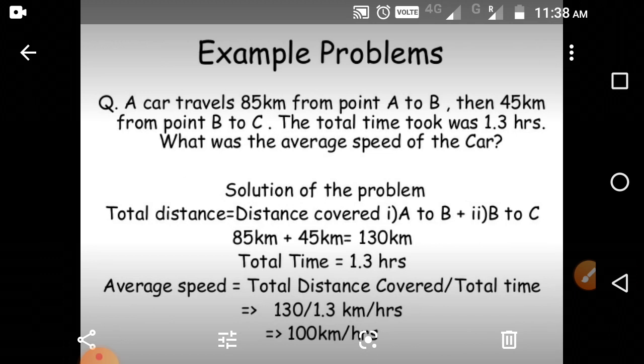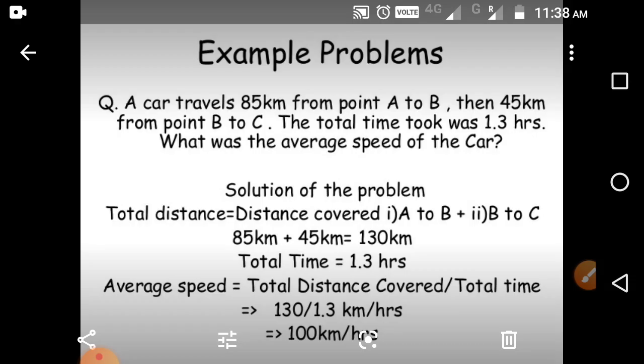What do you mean by 1 kilometer? How many meters are there in 1 kilometer? 100 meters? No, 1000 meters are there in 1 kilometer. And how many seconds are there in 1 hour? 3600 seconds are there in 1 hour.